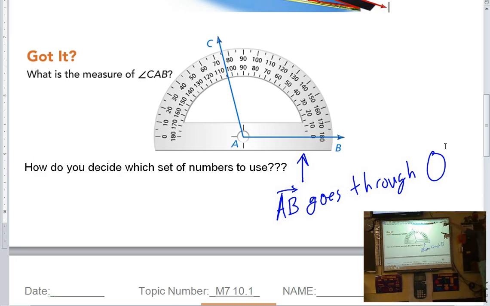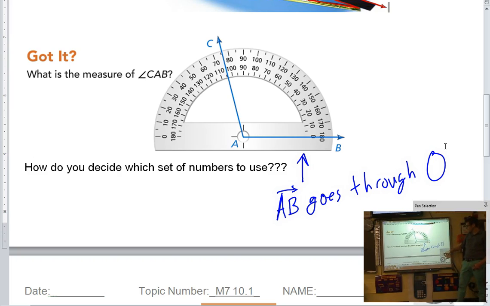Because AC, my other side, sure does not. Since that line goes through 0, which set of numbers am I going to use here, Casey? Am I using the inner or the outer? Inner, right? Because my 0 is an inner set, so grab your highlighter.